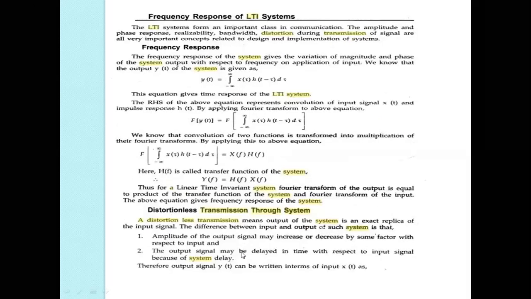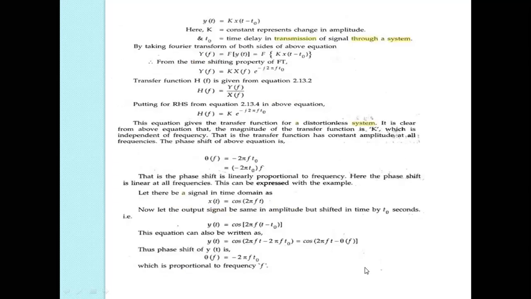So I wrote that as K. The output signal may be delayed in time with respect to the input signal because of the system delay. Therefore, the output y of t can be written in terms of the input as y of t is equal to k into x of t minus t naught, where k is a constant representing the change in amplitude and t naught is the time delay.